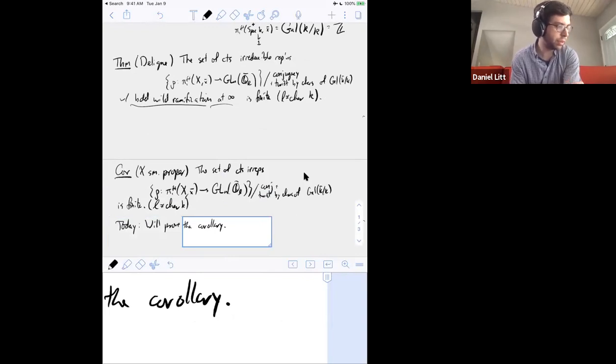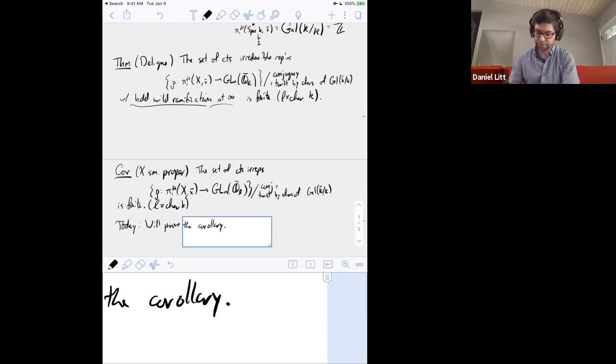So dealing with the wild ramification in the case of curves is fairly simple, and proving this theorem for non-proper curves is about the same complexity as proving it for proper curves. But dealing with bounded wild ramification, or even saying what that means for higher dimensional varieties, is really involved. So I'm not going to do it.